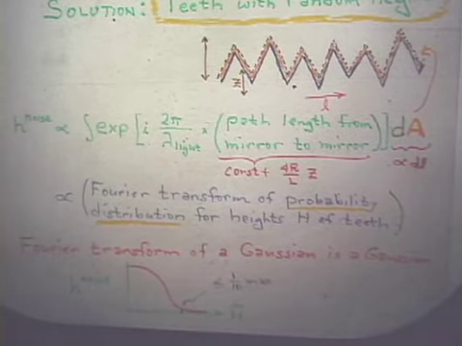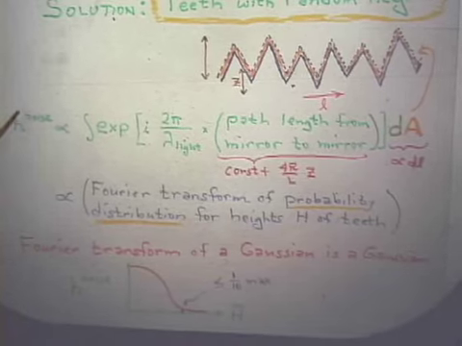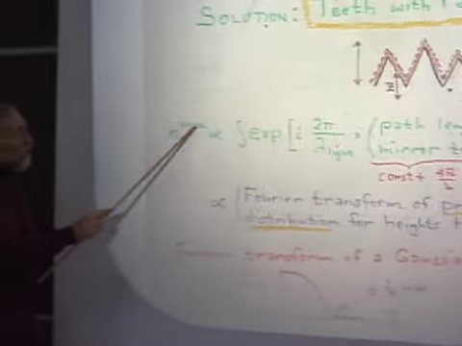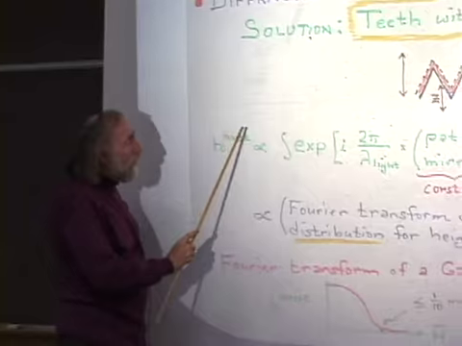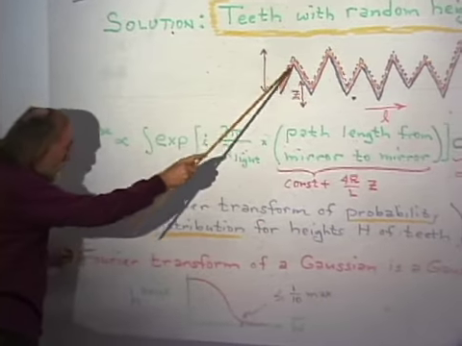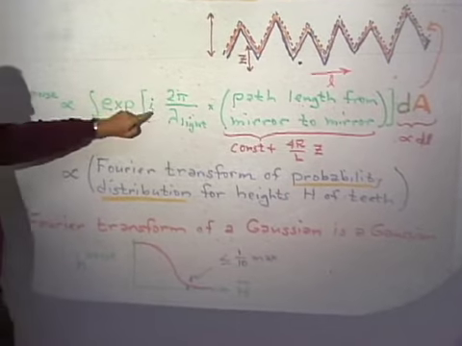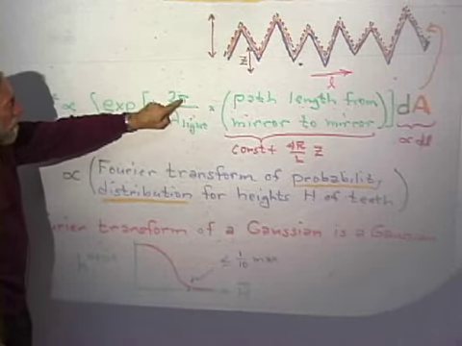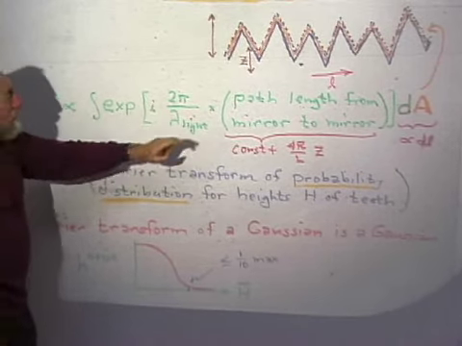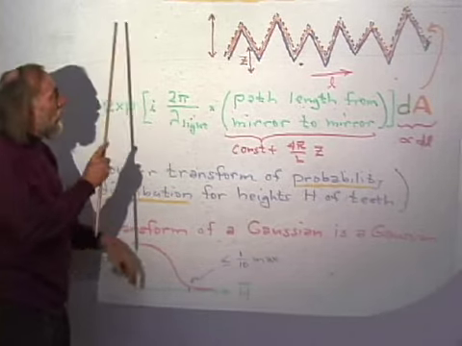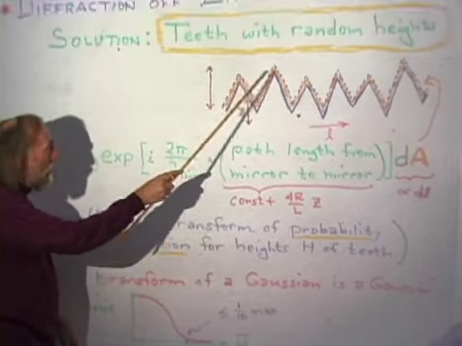And it's not hard to show that the gravitational wave signal, the noise that you get, quote signal, the noise that you get from this diffracted light, goes like an integral of an exponential of i times the wave number, 2 pi over the wavelength of light, times the path length from mirror to a point on the baffle and back to the other mirror.